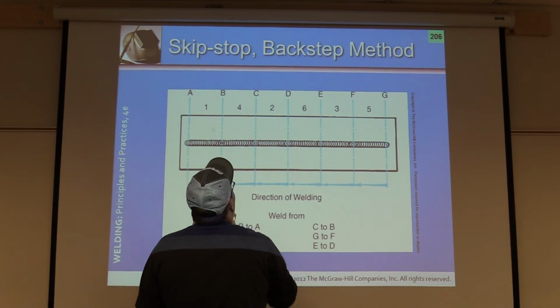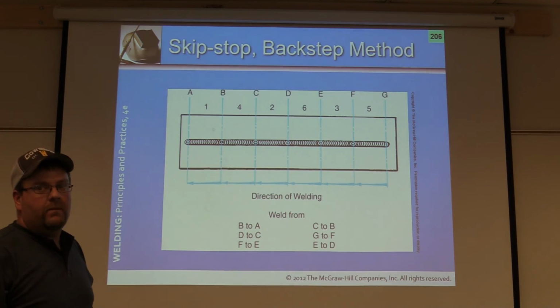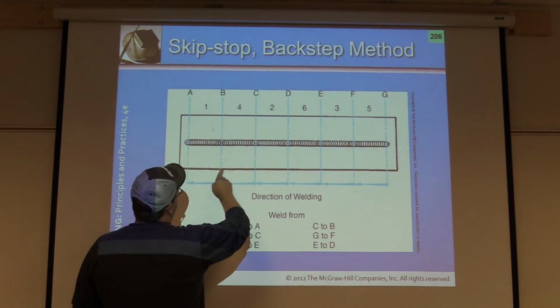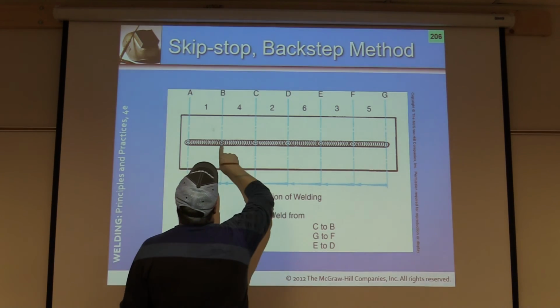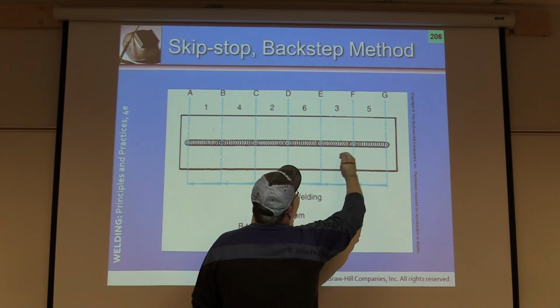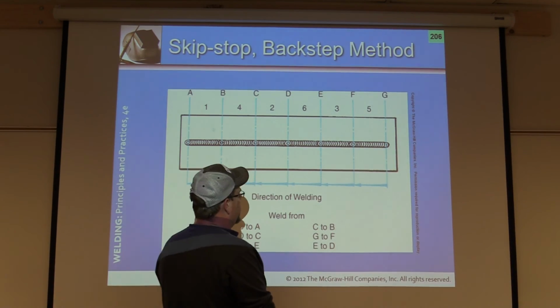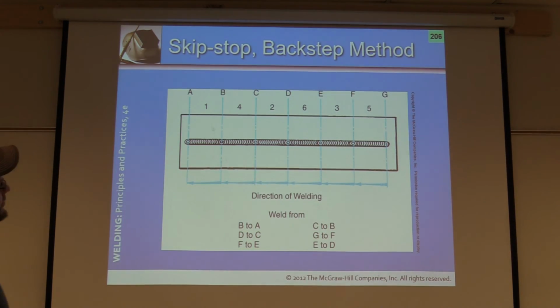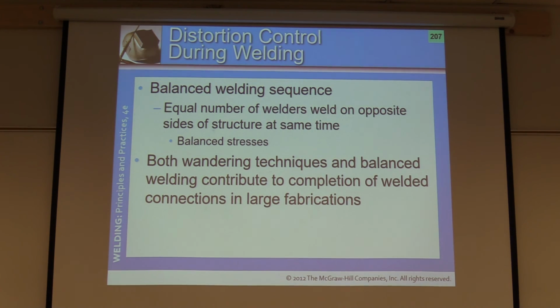We're going to stagger it, backstep it. And maybe not even just in this direction, but maybe we'll come back a different direction. We might weld here to here, here to here, and then go this direction. Start here and pull this way. We're going to stagger our steps, and that will help control distortion as well.